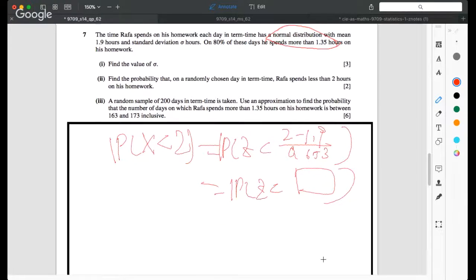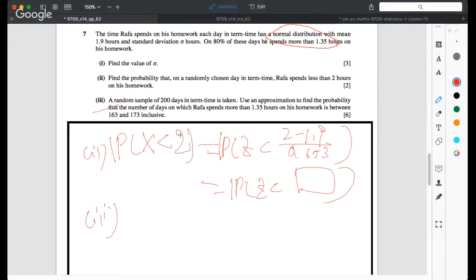And the third part. A random sample of 200 days in term time is taken. Use an approximation to find the probability that the number of days on which he spends more than 1.35 hours on his homework is between the two given values. So we know that in this case, the random variable becomes the number of days, right? And it is actually a binomial distribution, whereby Y follows a binomial distribution of what?